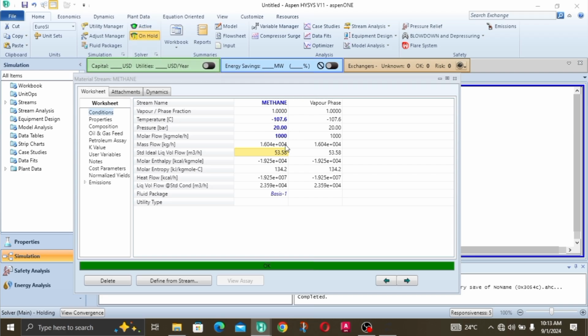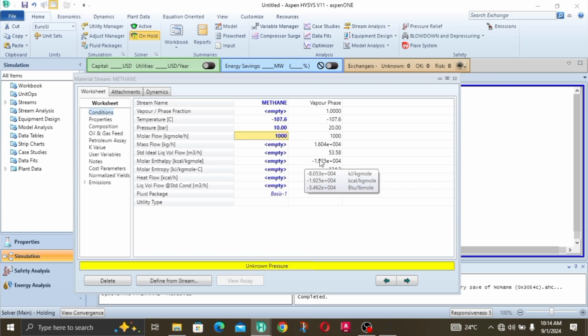When you pause it while modeling and you make any change, let's say for example I change this to about 10 bar, Aspen HYSYS cannot successfully create a stream for me because we're on hold.